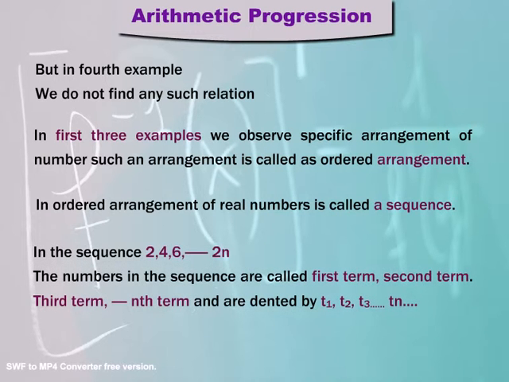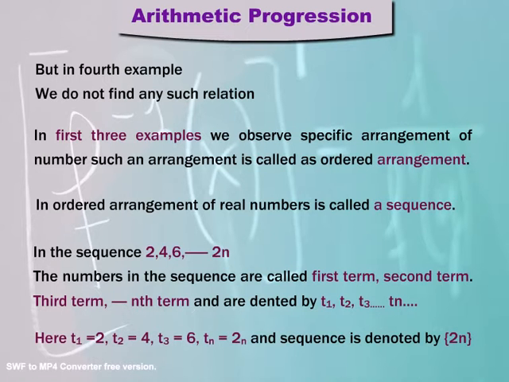In the sequence 2, 4, 6, and so on till 2n, the numbers in the sequence are called the first term, the second term, the third term, and so on till the nth term. These are denoted by T1, T2, T3, and so on till Tn.